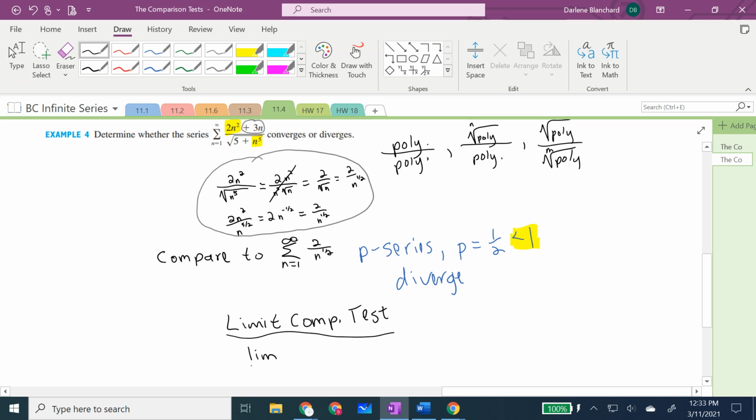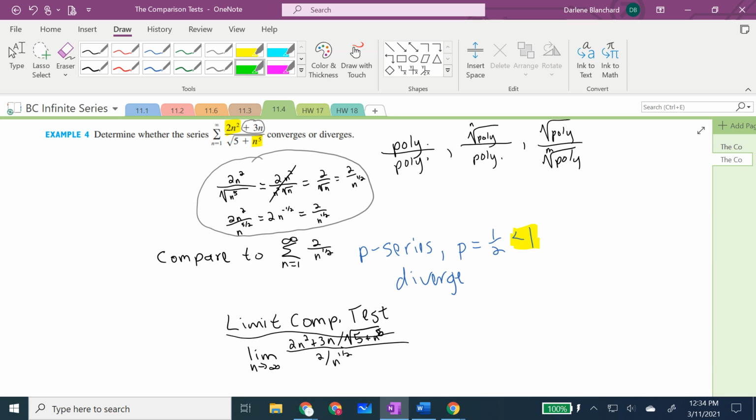When you use this, you don't have to worry about the inequality being in your favor. And then you're just going to do the limit as n approaches infinity of the formula you were given, divided by, whoops, I don't have the whole given. Nope, that's a 5th power. Okay. The formula I'm given divided by the formula I am choosing to compare it to.